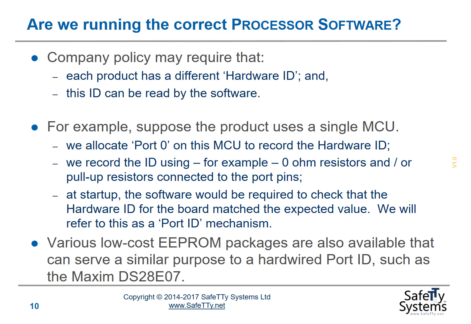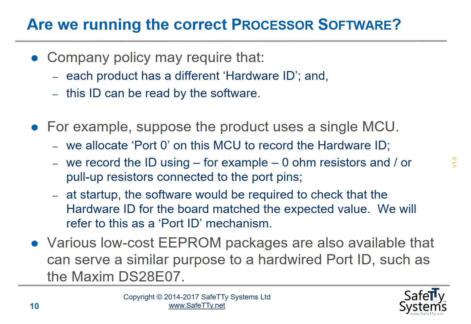We can record the ID using, for example, 0 ohm resistors and, say, 10k pull-up resistors connected to the port pins. At startup, the software would be required to check that the hardware ID for the board matched the expected value. We would refer to this as a port ID mechanism.